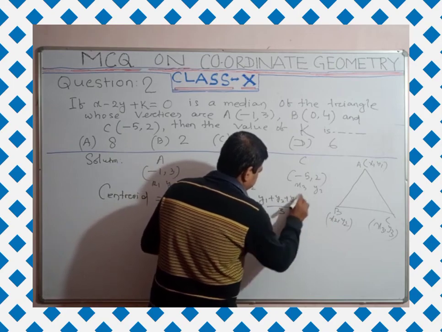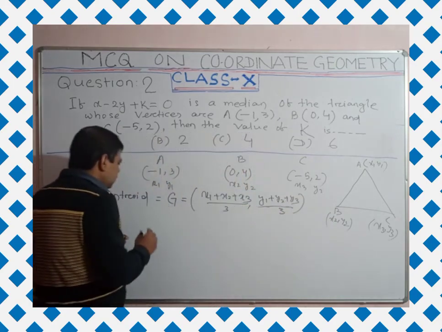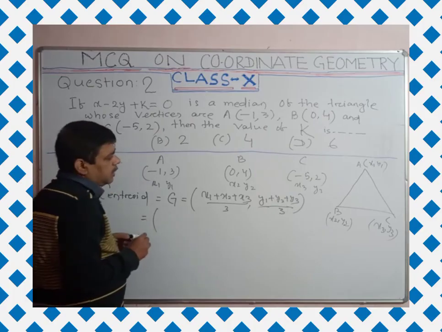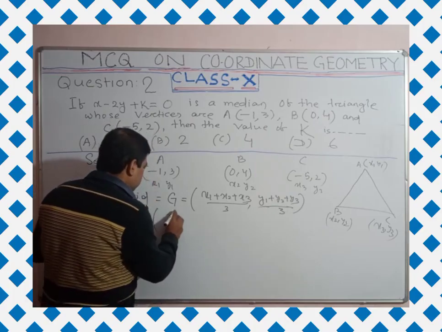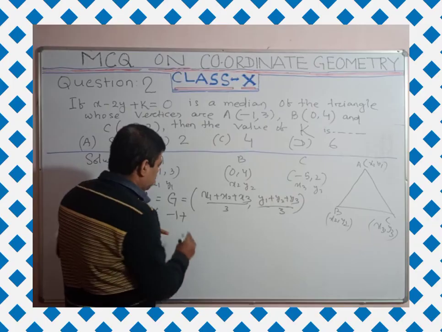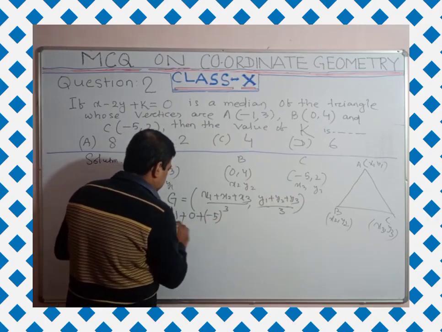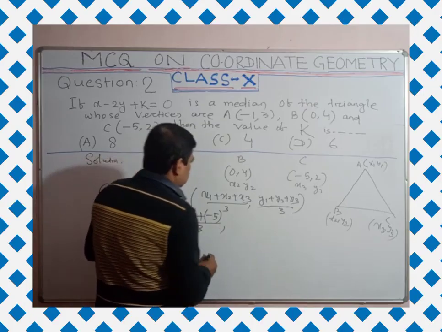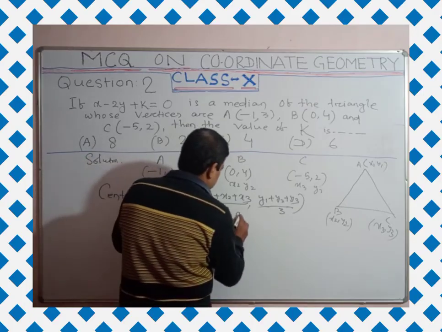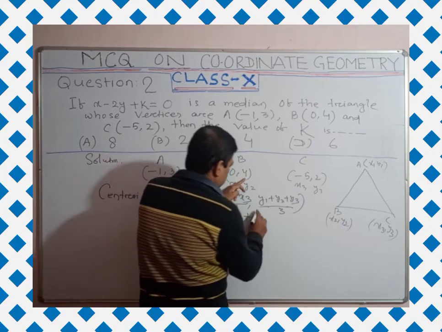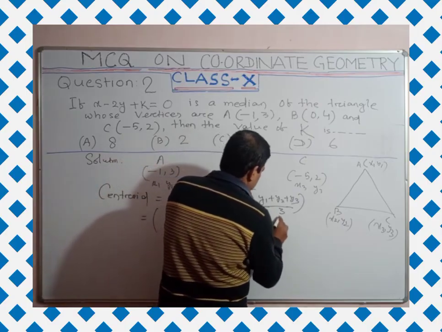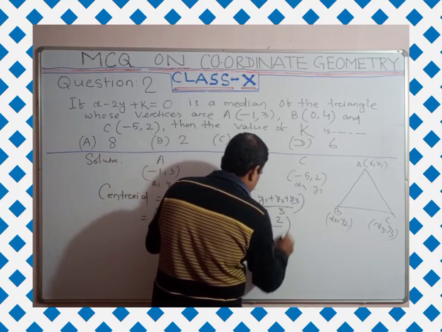Yes or no? All of you know. So use the values: x1 is minus 1, plus x2 is 0, plus x3 is minus 5, divided by 3. Okay, y1 is 3, plus y2 is 4, plus y3 is 2, divided by 3.